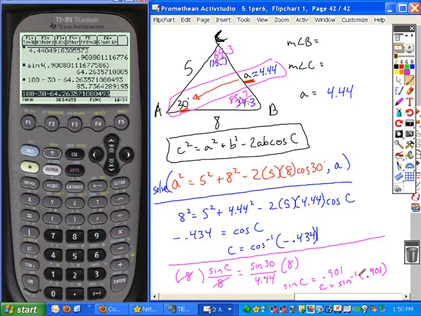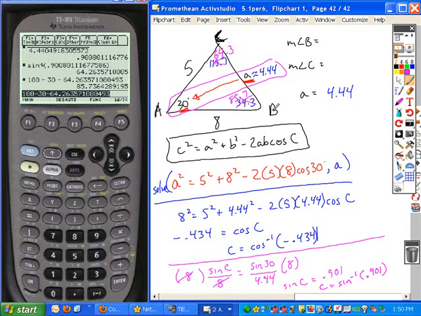So if you do it this way, there's a couple things to keep in mind. If you're going to use the law of sines, find the smaller of the remaining angles. Okay, so if I told you find side A, angle B, and angle C, which angle is going to be smaller, B or C? You know B is smaller, right? Because it's opposite a smaller length side. So if you're going to do this, find B first.